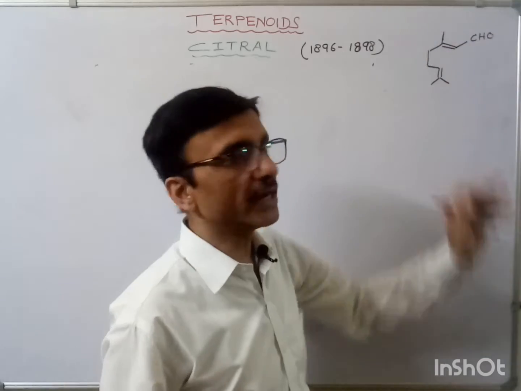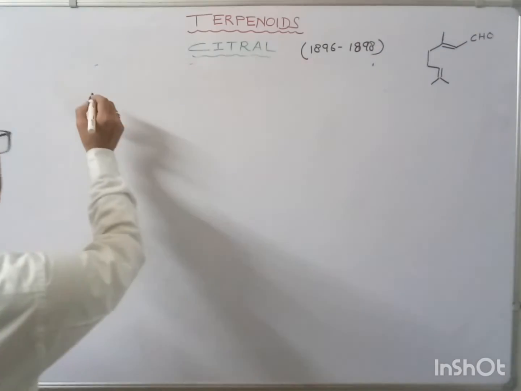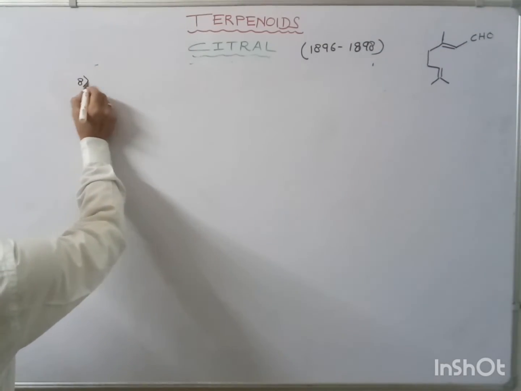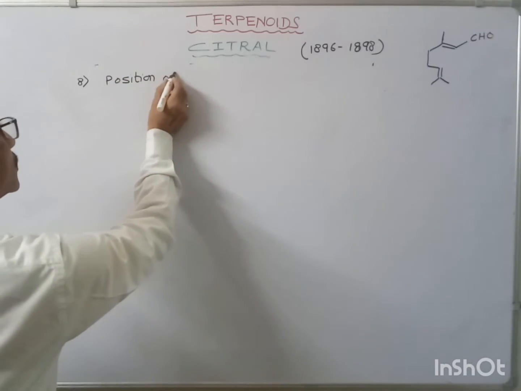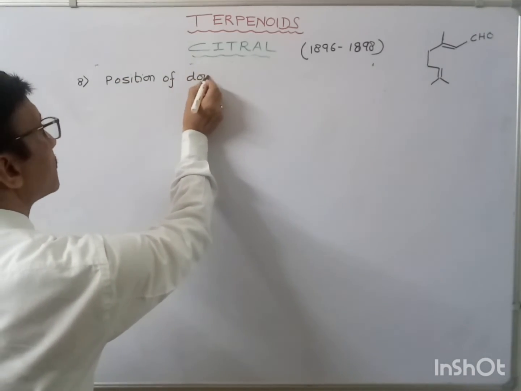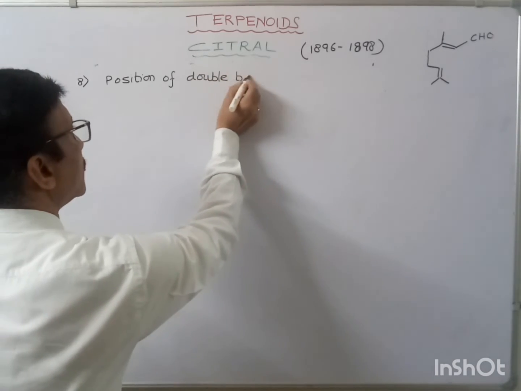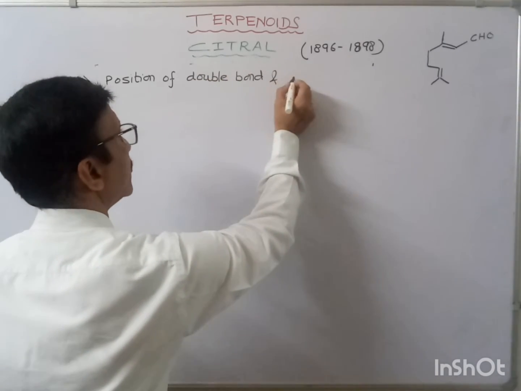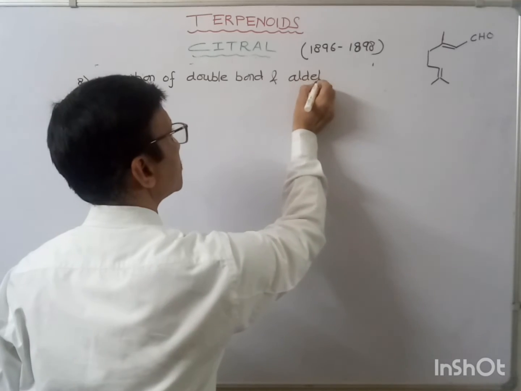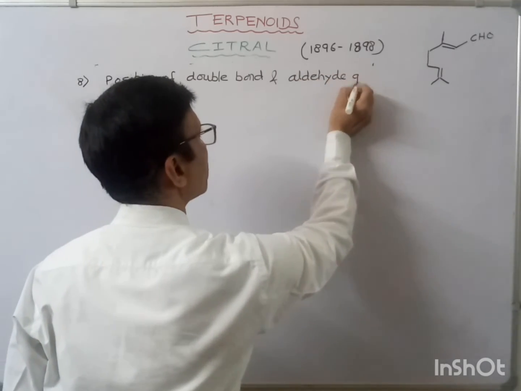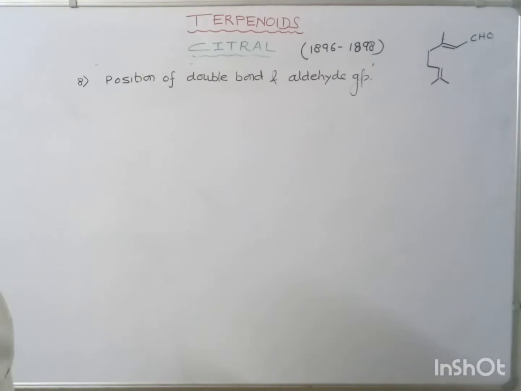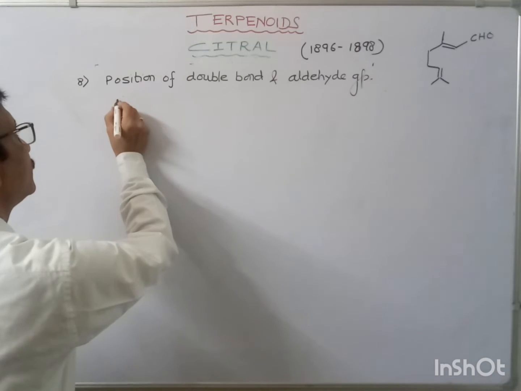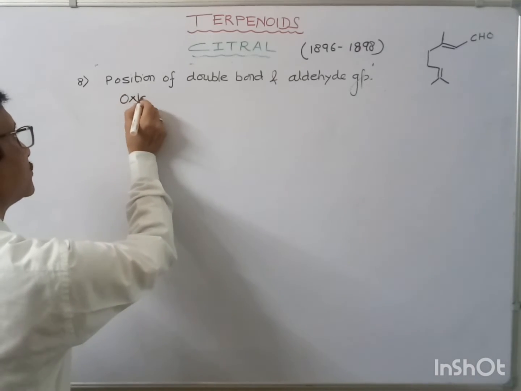So the next experiment is the position of the double bond and aldehyde group. This was proved by the oxidative degradation study.